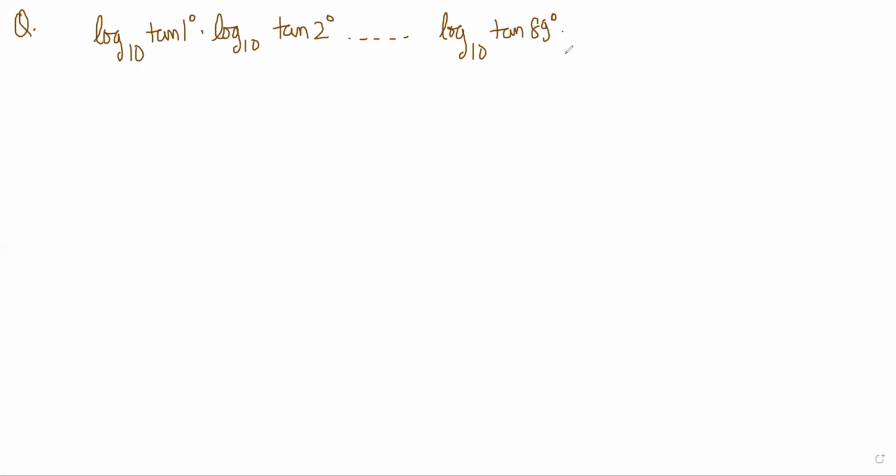So tan 89 degrees is complementary to 1 degree. Tan of 90 minus theta is cot theta. That means it becomes cot 1 degree, so log 10 cot 1 degree.